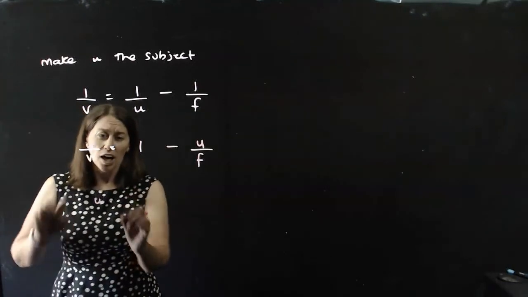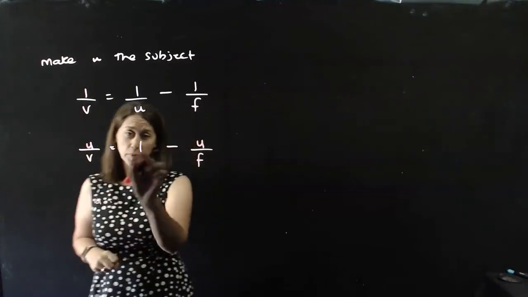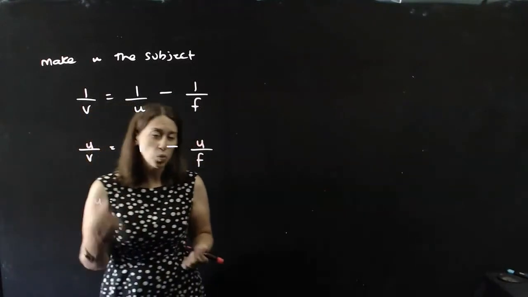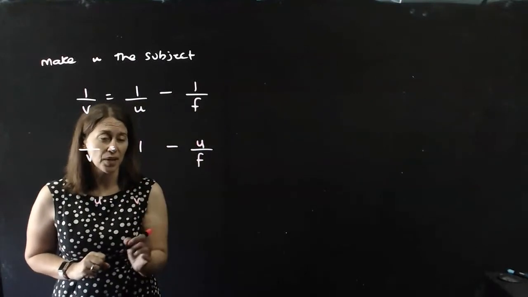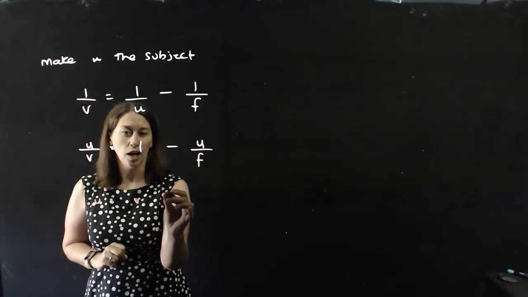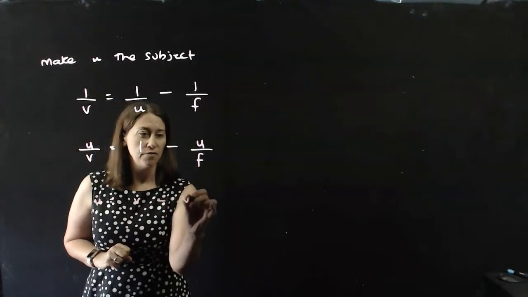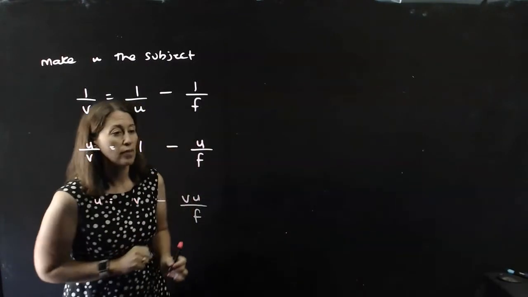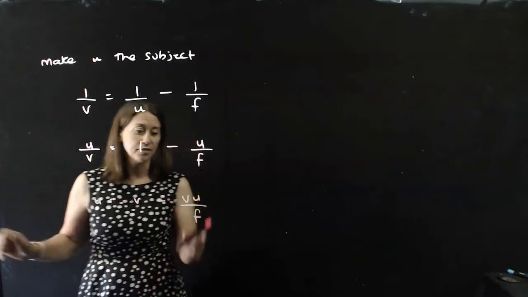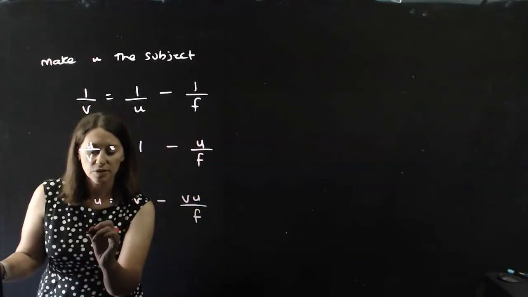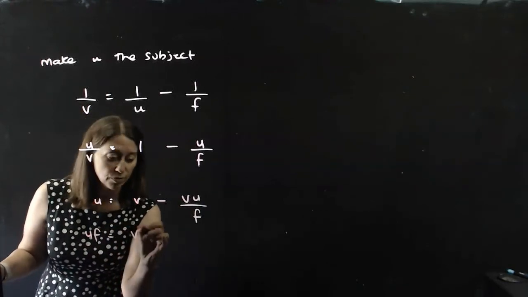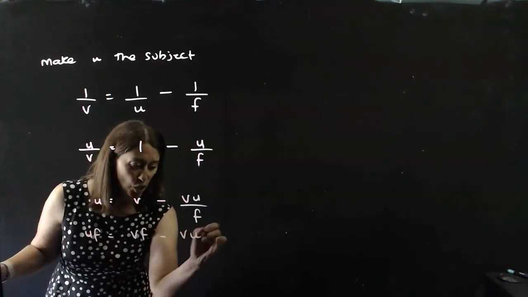Because I have other terms, they also need to be multiplied by v. Whatever you do to one term, you need to do to it all. So 1 times v is v, and then I'm left with vu over f. I'm going to do the same with f. So let's multiply through by f, leaving vu here, f here, and f here. So I get uf equals vf minus vu.